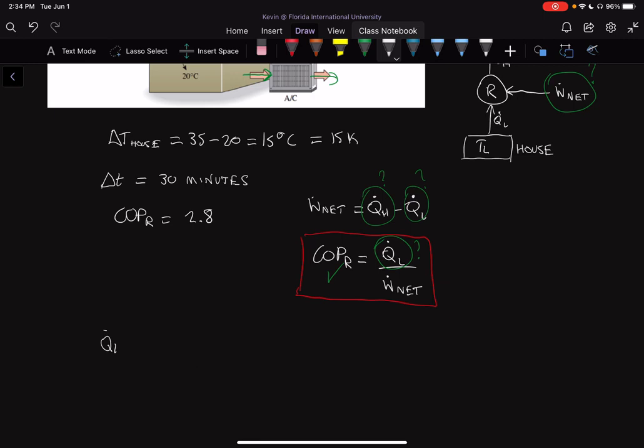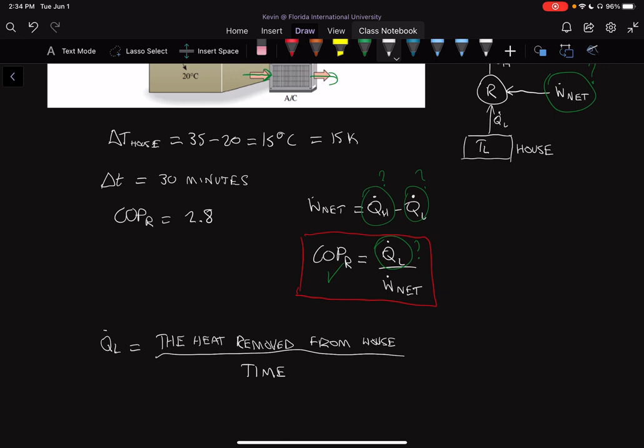Q dot L is the heat removed from the house divided by the time. The dot means that it's divided by the time.